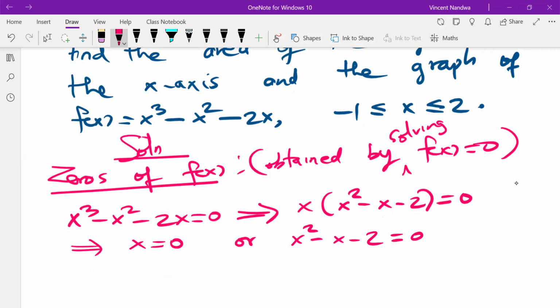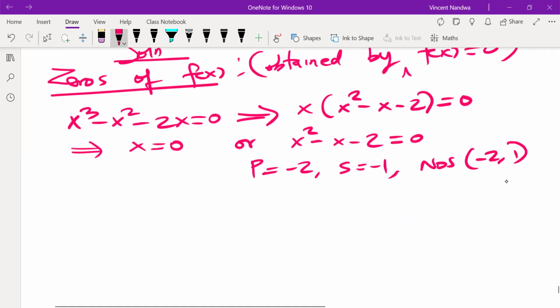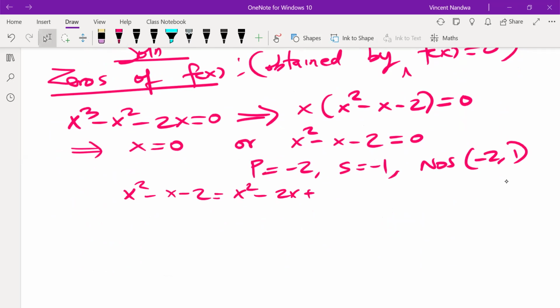Now this is quadratic, so we can check whether we can factorize this. Product is -2, sum is -1, numbers are -2 and 1. So we can write x squared minus x minus 2 as x squared minus 2x plus x minus 2 equals 0. The common factor here is x into x minus 2, and here it is 1 times x minus 2.